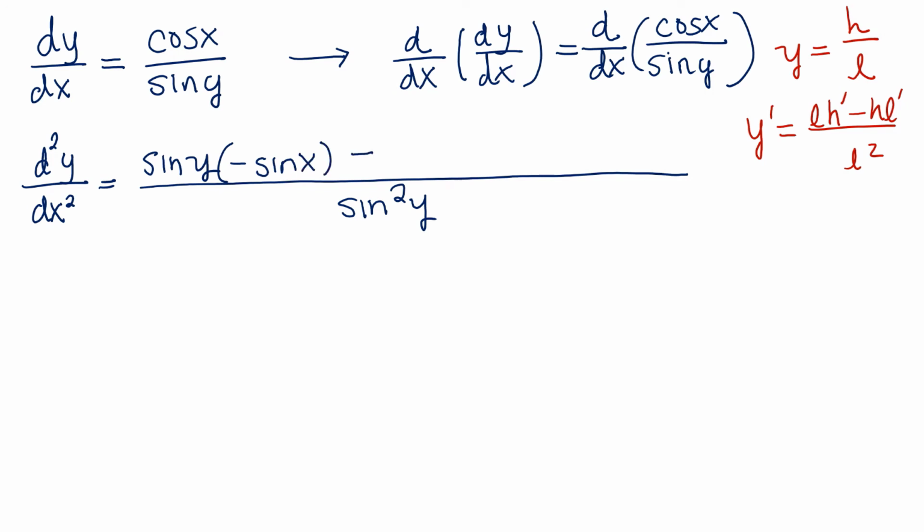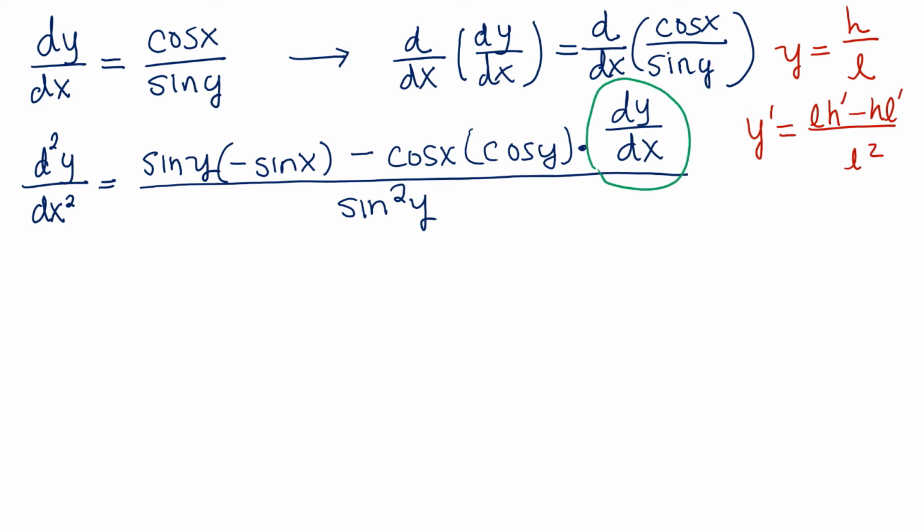Then we write the high function, which is cosine x, and then we take the derivative of sine y, that would be cosine y, and when you take the derivative of y, you have to multiply it by dy/dx. dy/dx is cosine x divided by sine y.